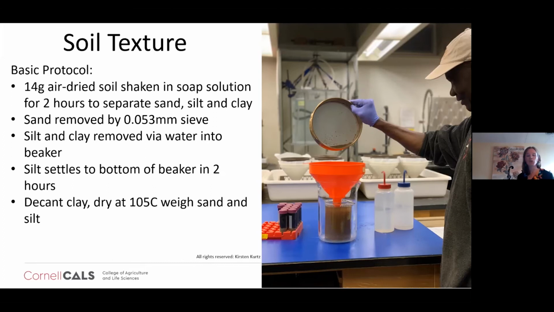So at the end of the 2 hours, we simply decant off the water and the clay. We rinse the silt into a tared weigh can. We have our sand in a tared weigh can. They get dried, and from that, we're able to report your percentage or your specific soil texture.